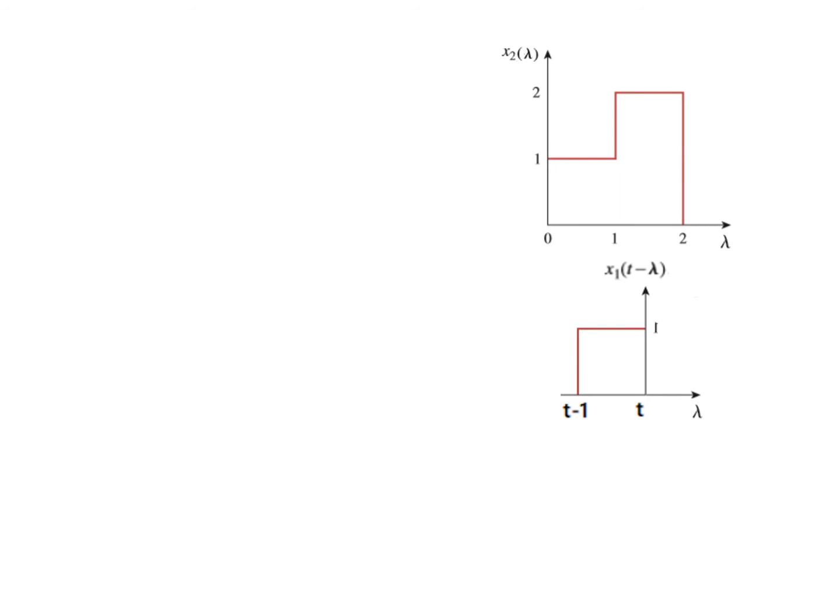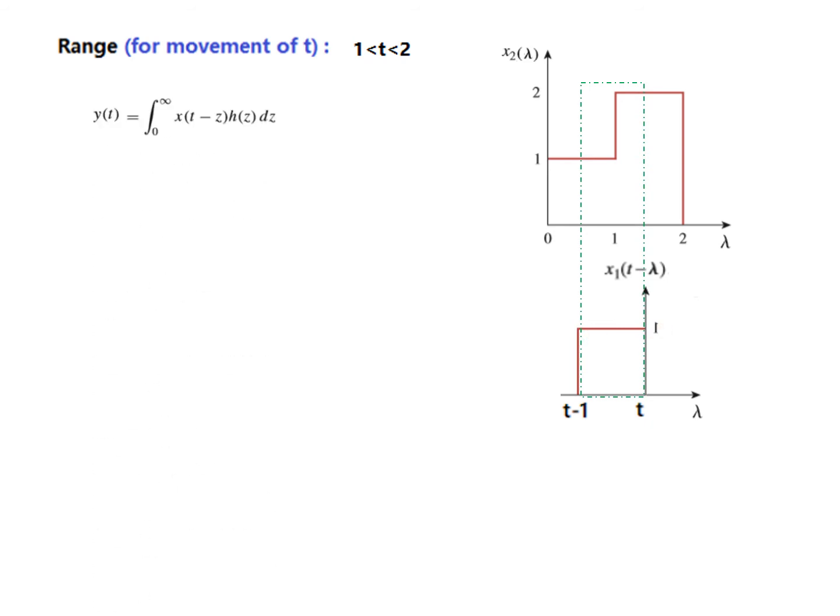Okay, now we move it further beyond 1. So now it is between 1 and 2. The movement of t is from 1 to t, and the range of integral is, now you can see from here, this is the overlap.